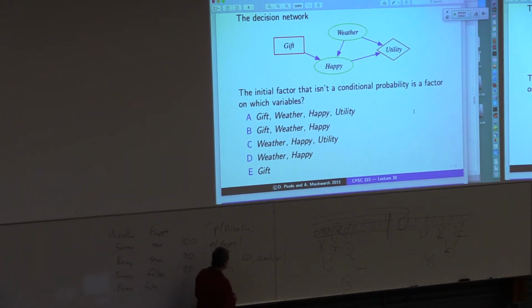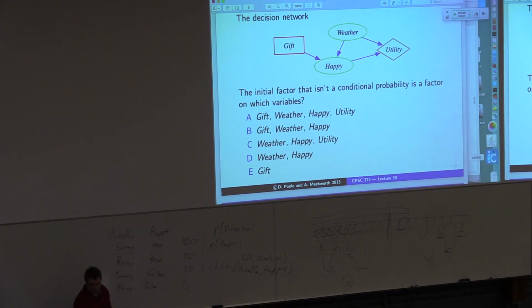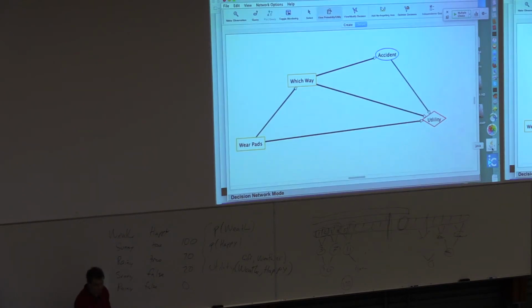This utility factor is a function of weather and happy. And if I'm building this model, I have to provide two factors: the table for accident and the table for utility. There are no other factors. There's no factor associated with which way and where pads.